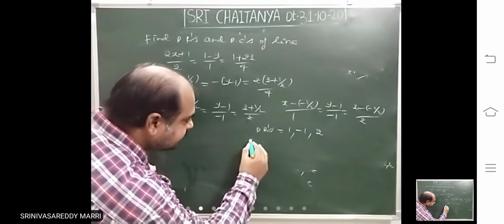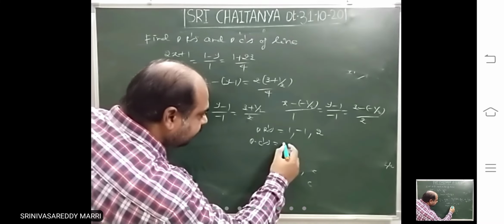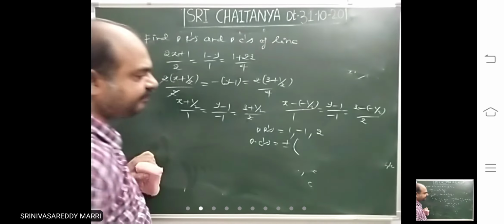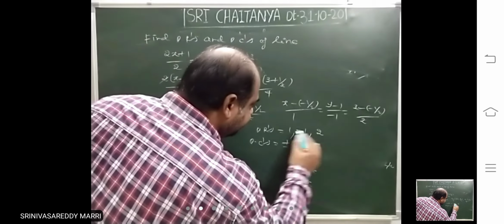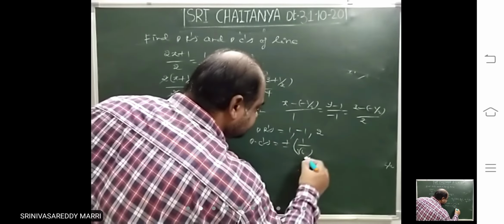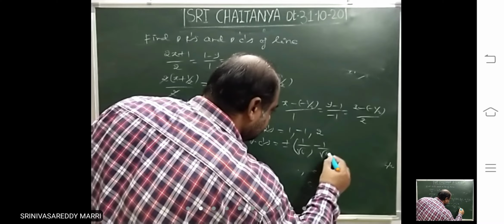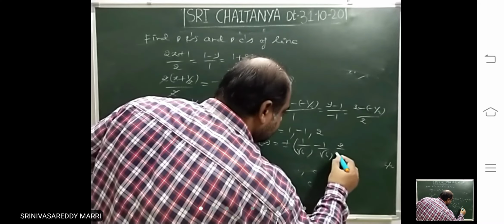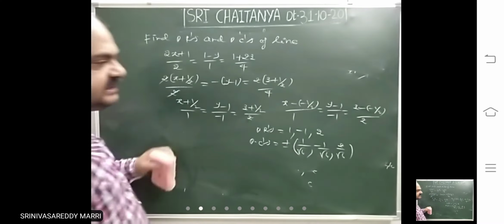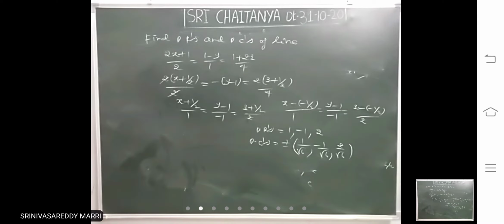So the DRs are these, and the DCs are plus or minus a divided by the root of a squared plus b squared plus c squared. After calculating the DRs, you calculate the DCs.